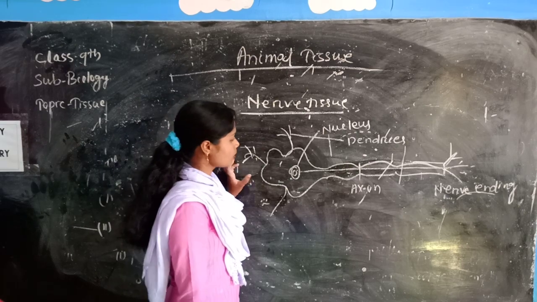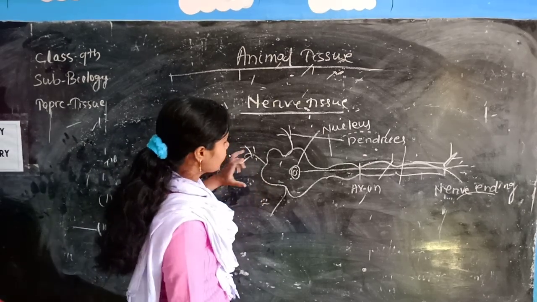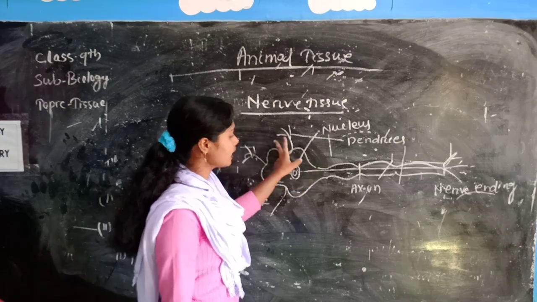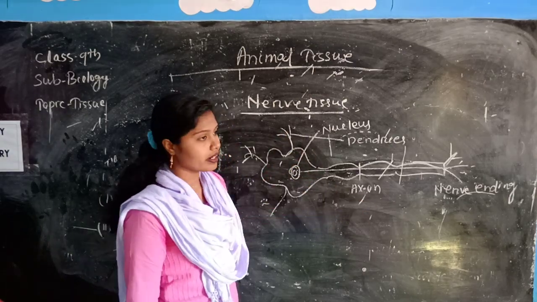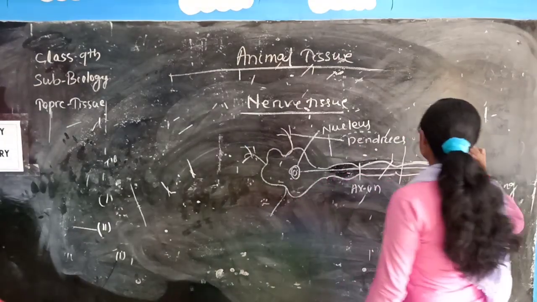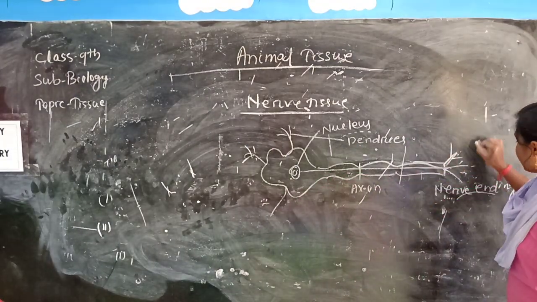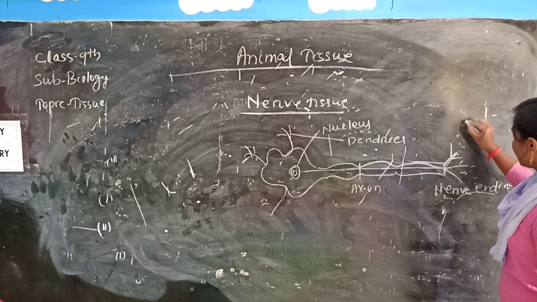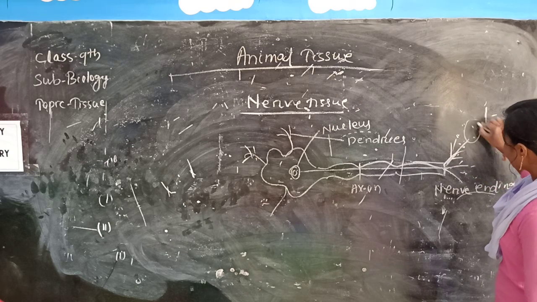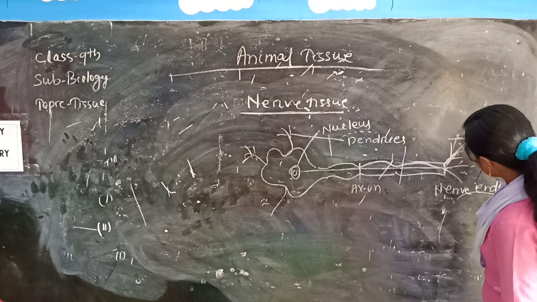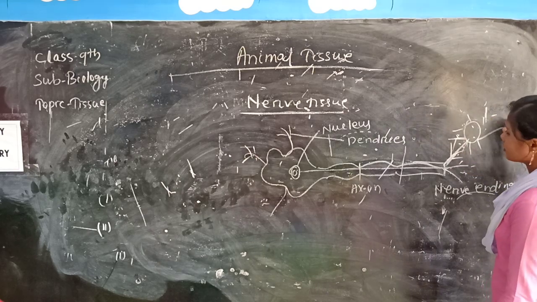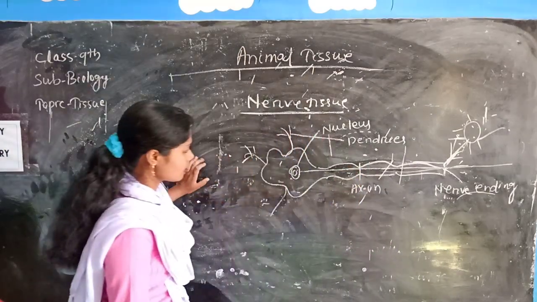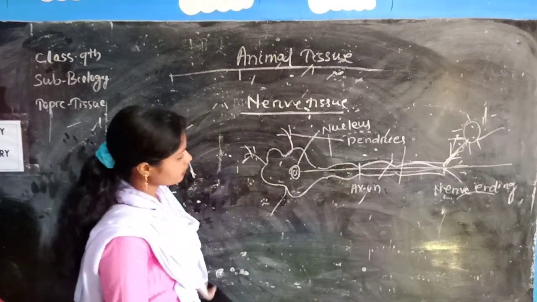So nerve tissue helps in supplying impulses. It has a nucleus, dendrites, axon, nerve ending. Here other nerve tissue are connected, and this is the dendrite of another nerve tissue, and because of that stimulus is supplied to our body.